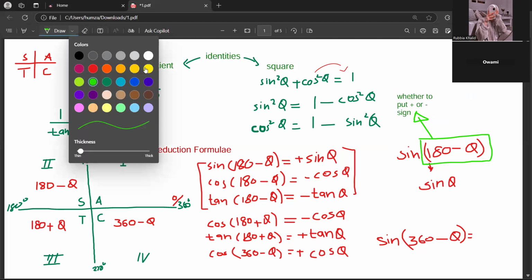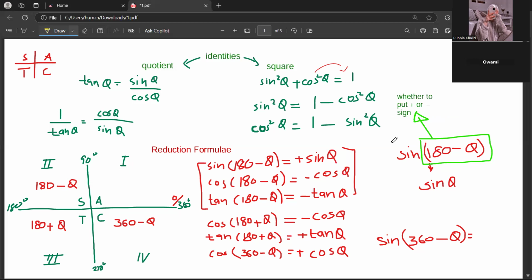While this part of sine 180 minus theta is telling me that this ratio is sine theta. This is the reduction formula.